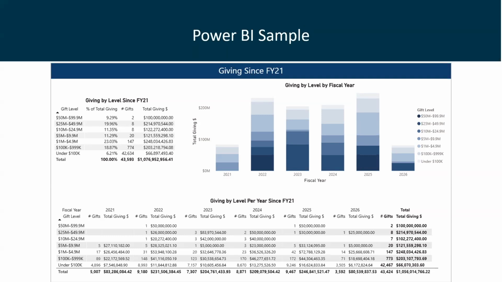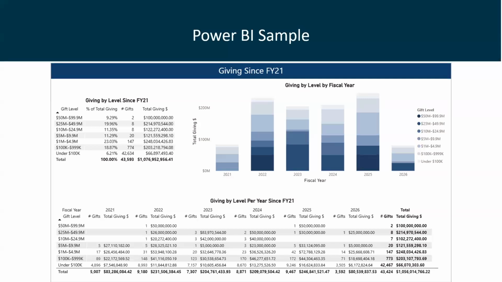And in this case, the information needed was really around those gift levels. So what's the percent of total giving? What are those giving levels by fiscal year? Kind of showing it there in a chart. And then showing a year over year from 2021 up through to 2026.